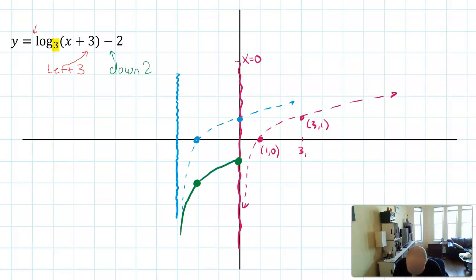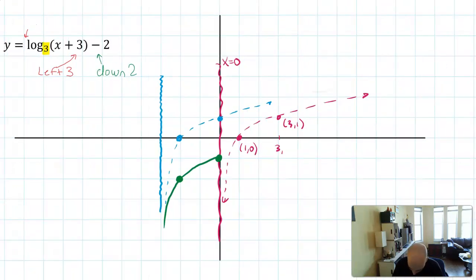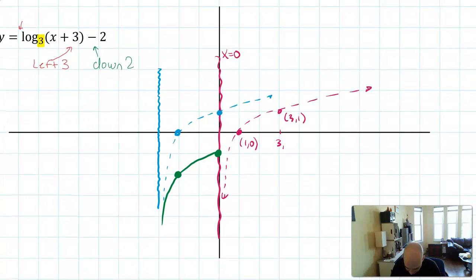And as I go, I want to put one more point on the graph now that I see that I've shifted down 2. On the parent graph, we would also have the point 9, 2. And that would go, in this second graph, over 3, so that would be over here. Why did I want to do that? Well, if I shift that down 2, I get right to 0.